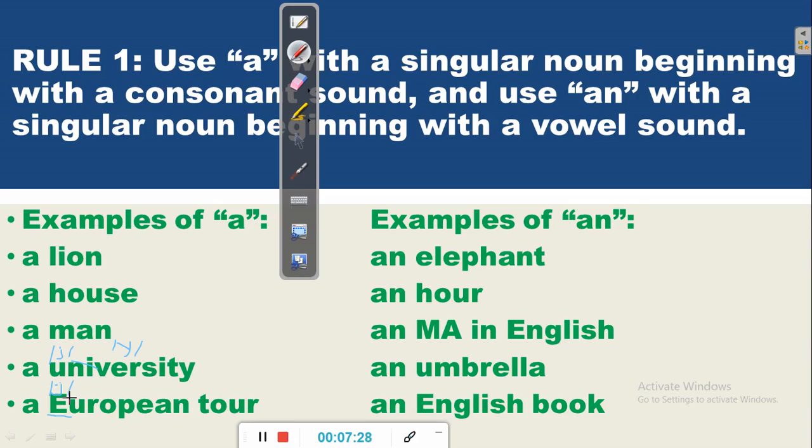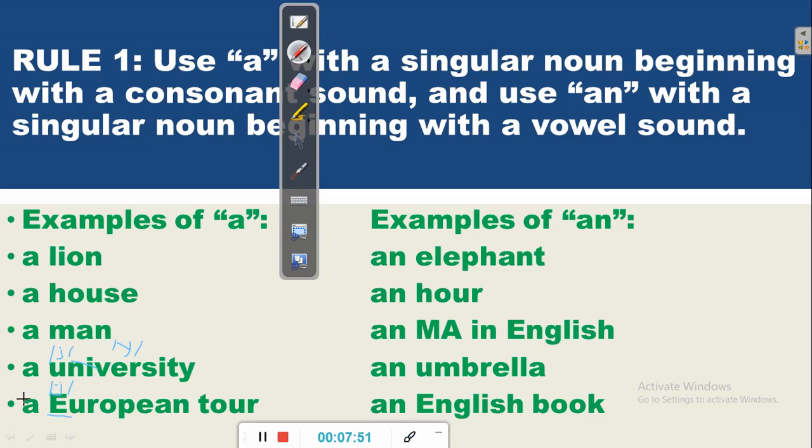And take note of the fact that we are saying that we use a with a singular noun beginning with a consonant sound. We are not saying beginning with a consonant letter, and we are not saying beginning with a vowel letter. We are talking of a consonant sound.